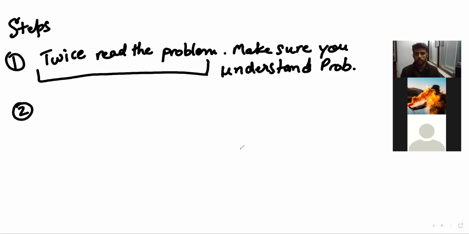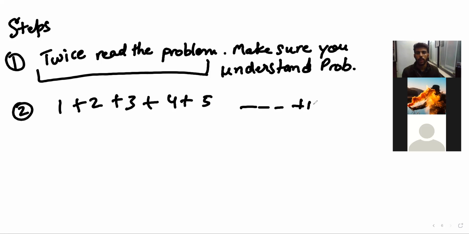Like we did in this problem, we read the problem and wrote it on paper like this, 1 plus 2 plus 3 plus 4 plus 5 up to 10. So this makes you visualize what the problem is and what steps we need to take.